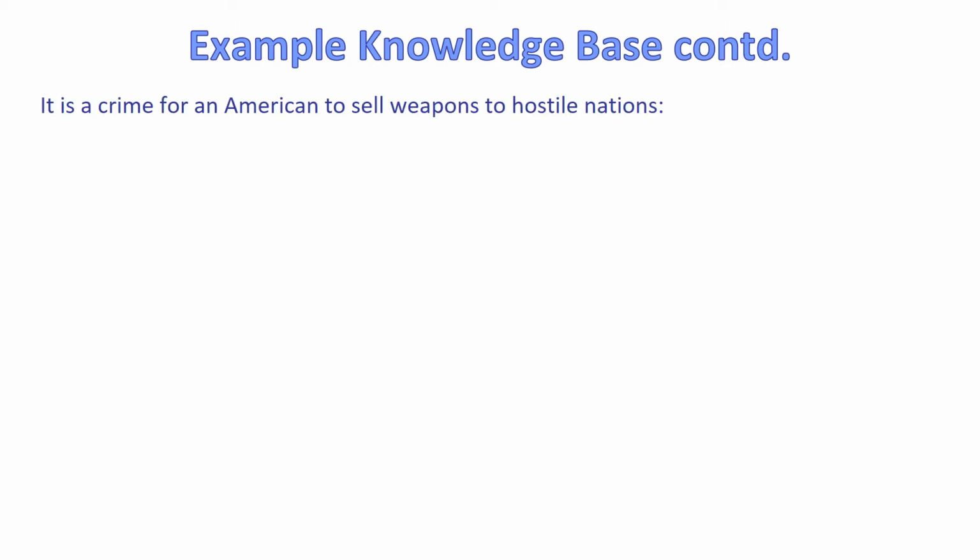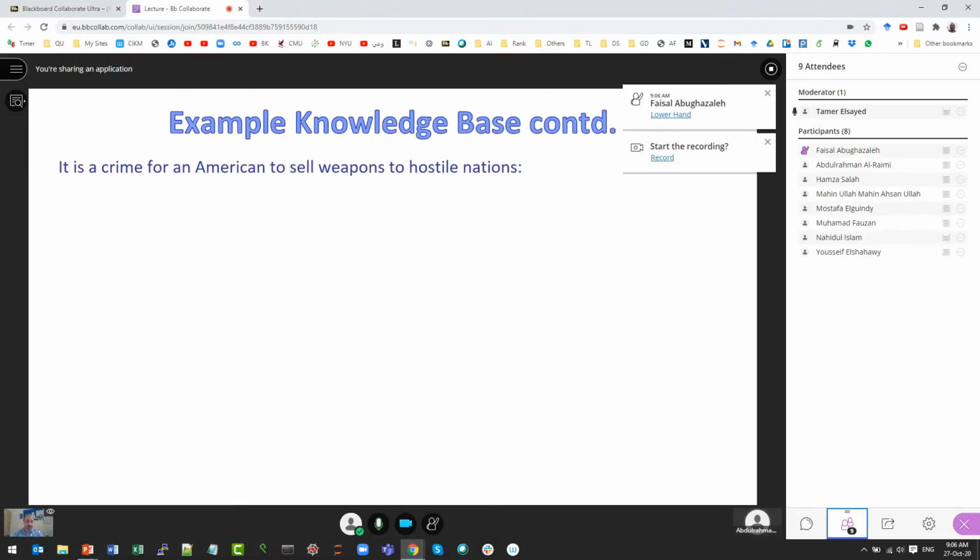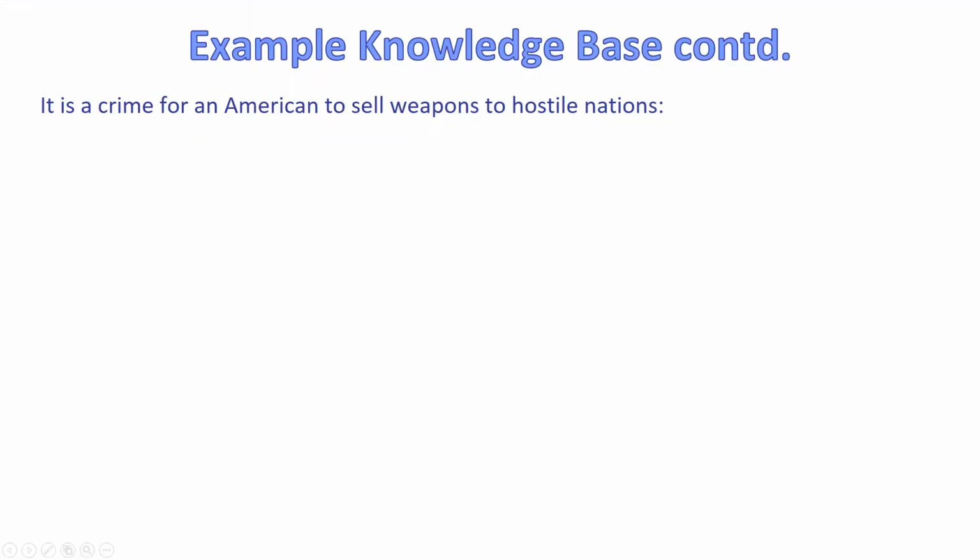Okay, so let's go through every sentence and see how we can convert it. The first one: it is a crime for an American to sell weapons to hostile nations. So how can we express that? That's very clear that we cannot just say one predicate. It has to be a compound statement, and let's see how we can do it using if-then.